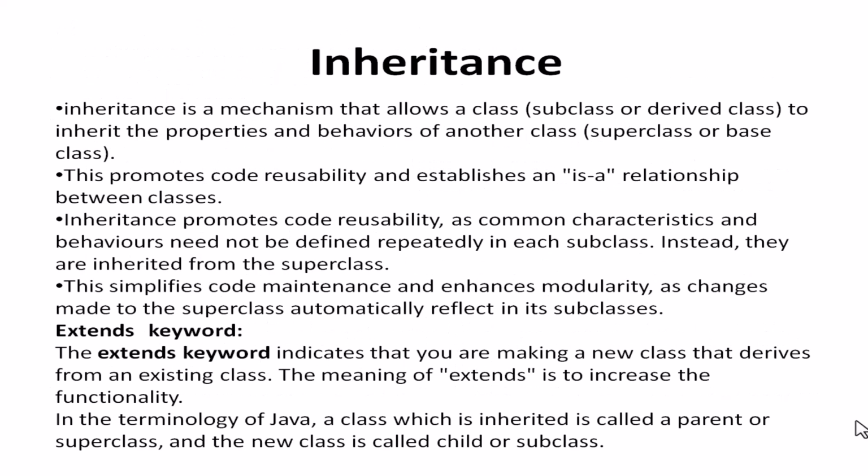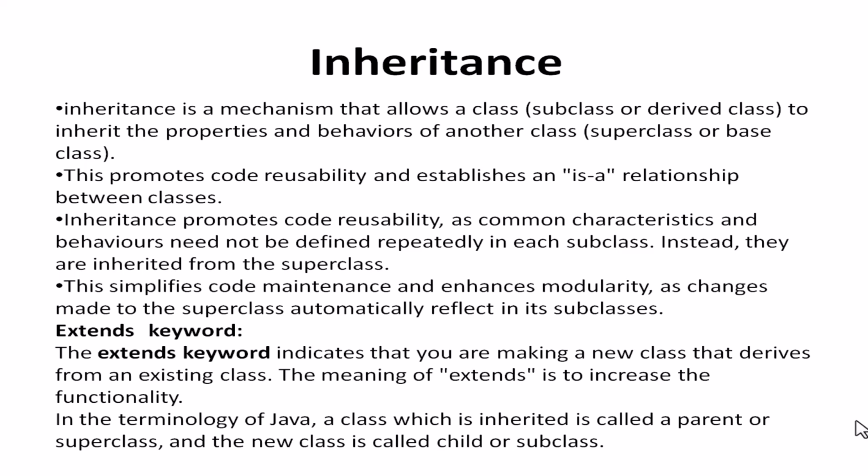Next concept is inheritance. Inheritance is a mechanism that allows a class to inherit the properties and behavior of another class, for example, a superclass or base class. This promotes code reusability and establishes a hierarchical relationship between classes.